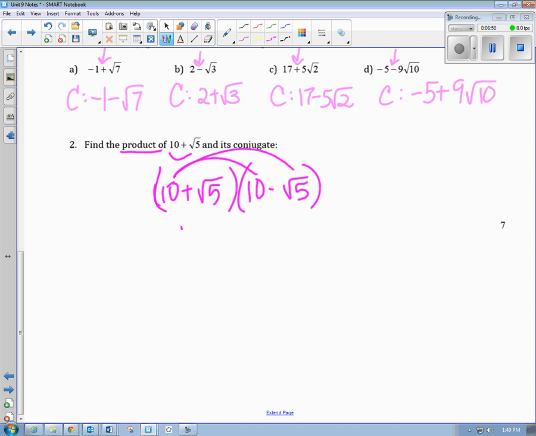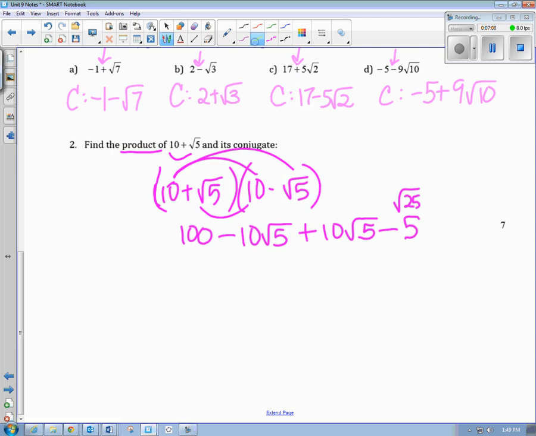So when I FOIL this out, I have 100 minus 10 radical 5 plus 10 radical 5 minus radical 25, which is just 5.